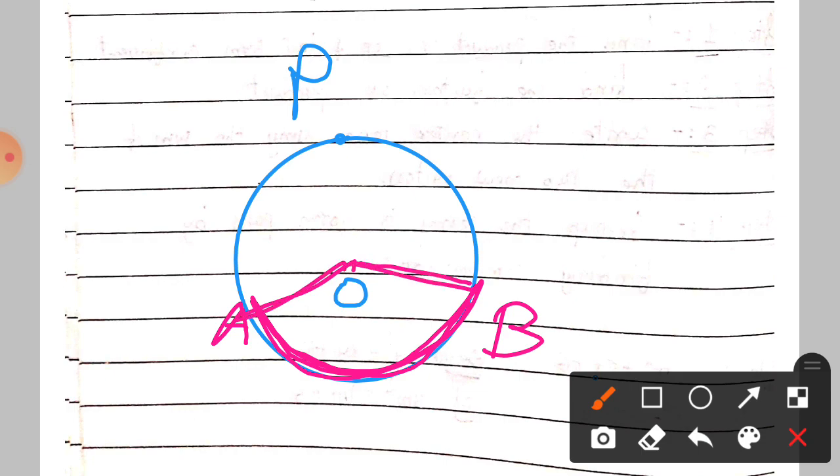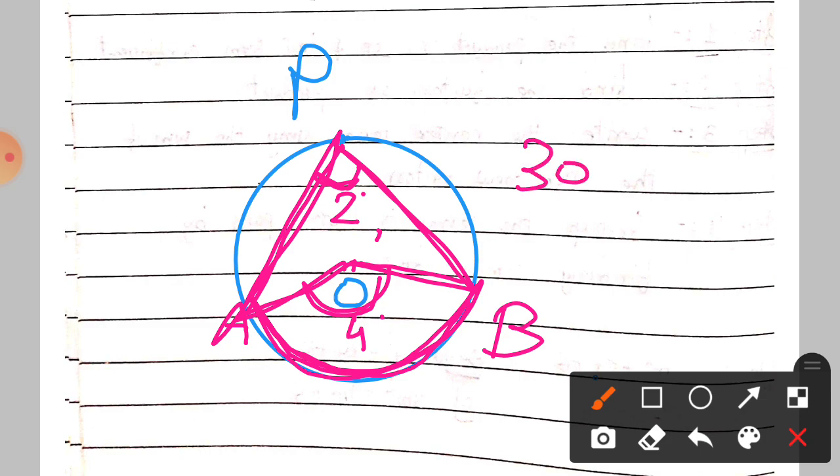So the measurement of this angle is always double the angle made outside the circle on the other part. So if this angle is 2, then this angle is 4 degree. If the angle is 30 degree, then this angle is 60 degree. Correct? Always double the outer side point. Okay students, so I hope you understand this theorem. Now move on to the next theorem.